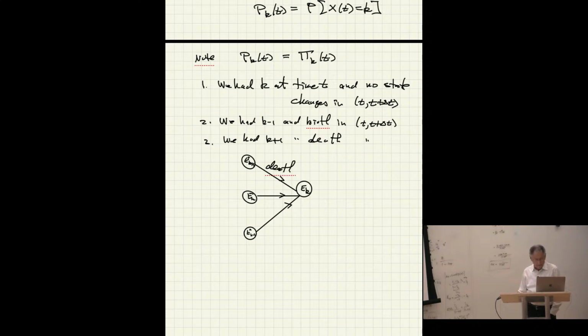From E_k, no changes. And from E_k minus 1, I needed a birth. That's the only way I can get to E_k in the next delta t. And what I'm showing here, in some sense, I'm going to lay a time axis on that picture, and say that this point in time is t, and this point in time is t plus delta t.